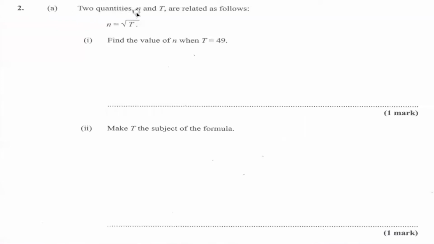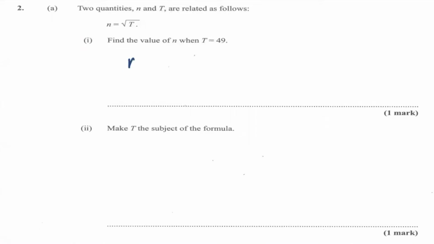Two quantities n and capital T are related as follows. n is equal to the square root of t. Find the value of n when t is 49.